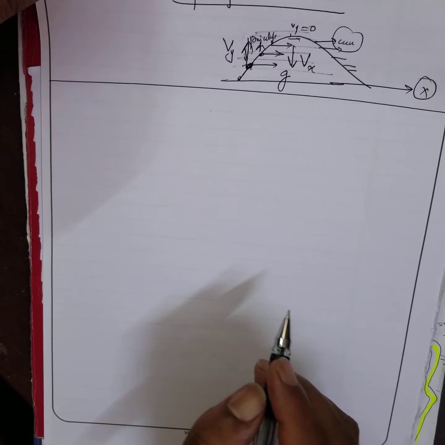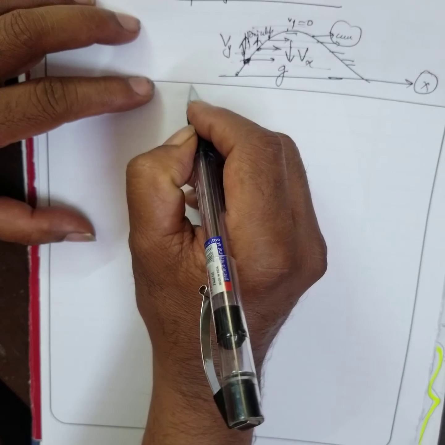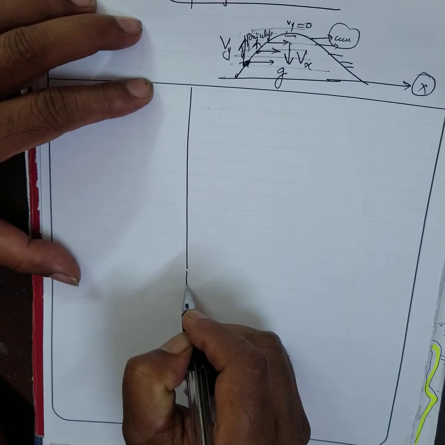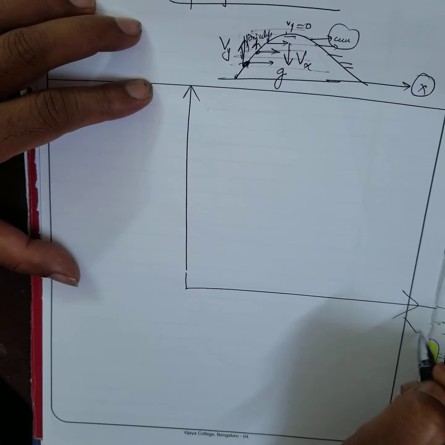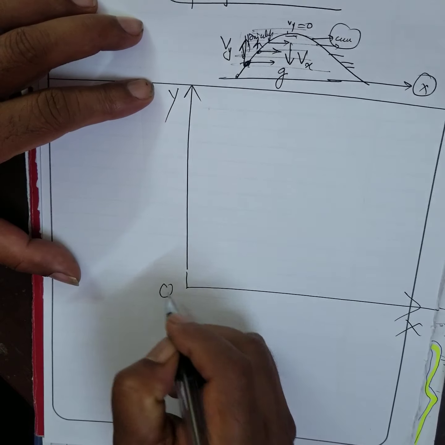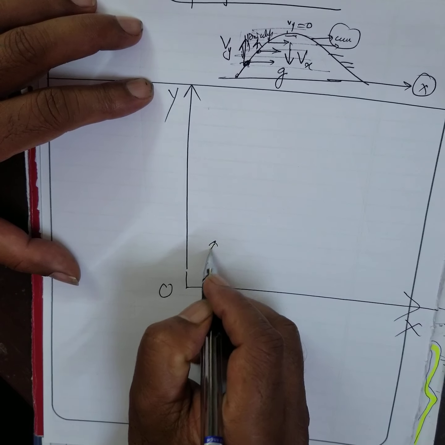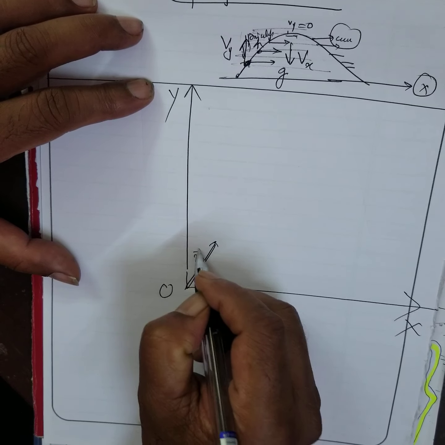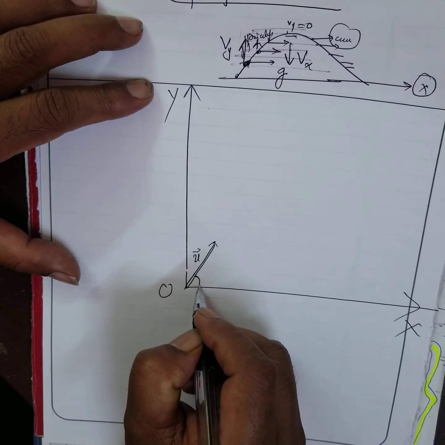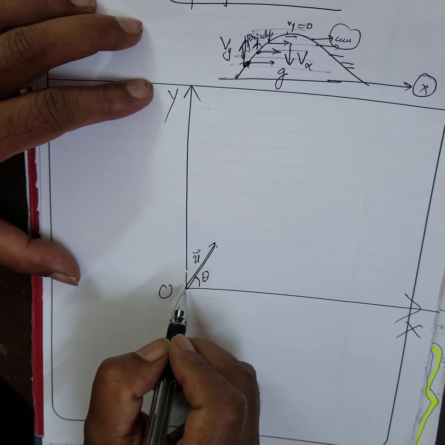Now I'll draw the diagram in a better way. This is the x-axis and y-axis, and O is the origin. The body is projected. U is the initial velocity of the projectile, and theta is the angle of projection.